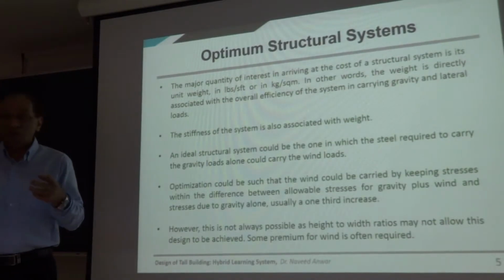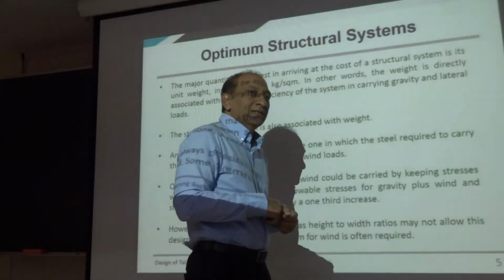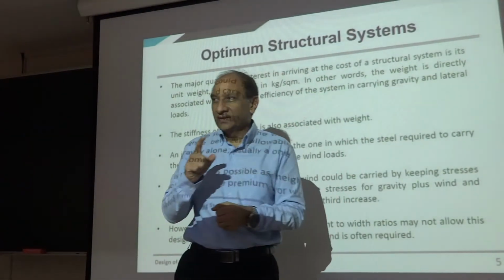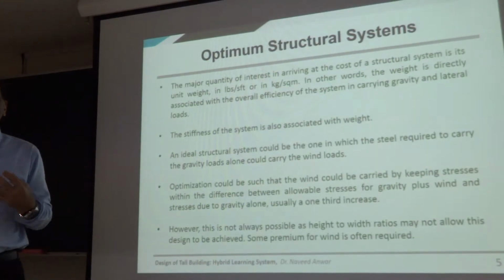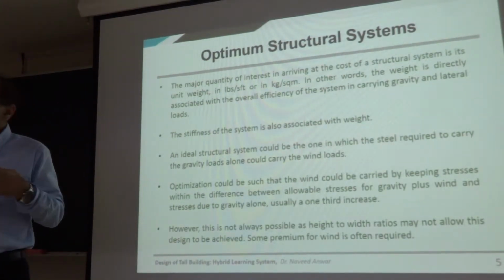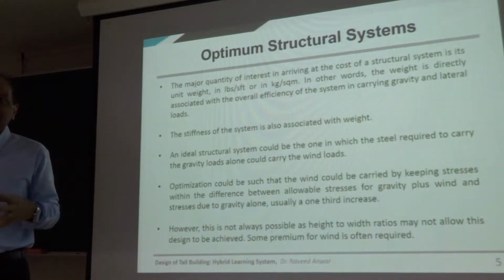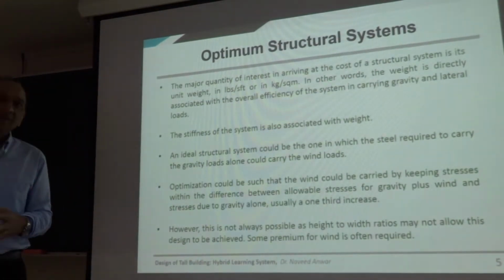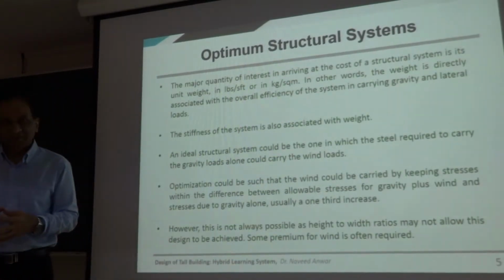So that's why we try to utilize what we already have to carry the lateral loads. And for that, the tubular system is found to be one of the most efficient ideas, that it almost adds nothing. Interestingly, it almost adds nothing to the gravity load system and yet takes all of the lateral load system.